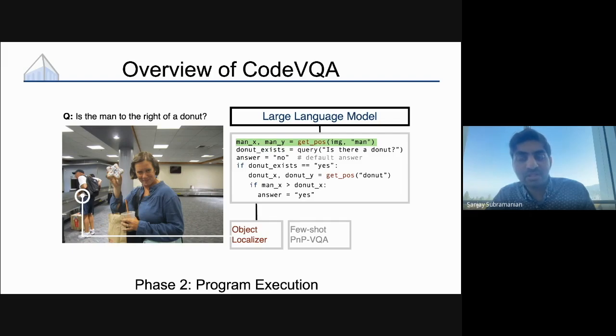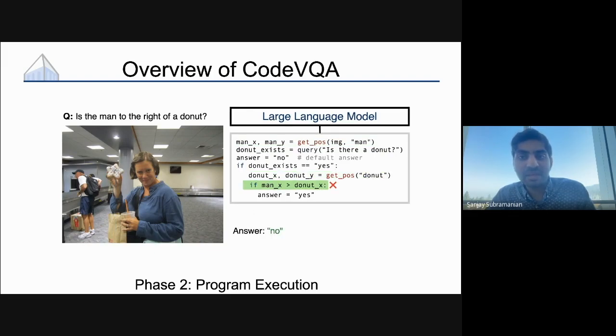So first, this function is used to find the position of the man, and later it's used to find the position of the donut. And then these two positions are compared to produce the correct answer. So in this case, we find that the x-coordinate of the man is actually less than the x-coordinate of the donut. So this if statement does not proceed.